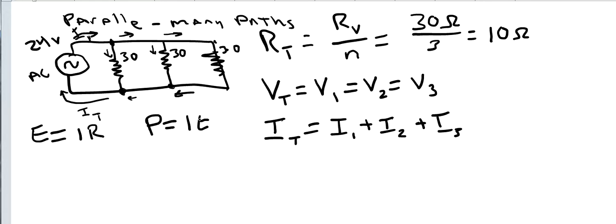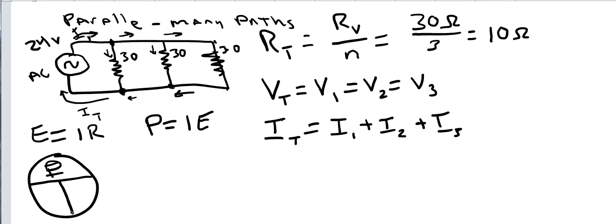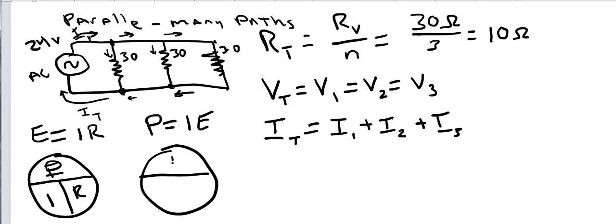Power, or watts, will be equal to amps times voltage. So you could use these circles in the same exact way that we used them to describe the series circuits. This is E, I, R, and this is P, I, E.